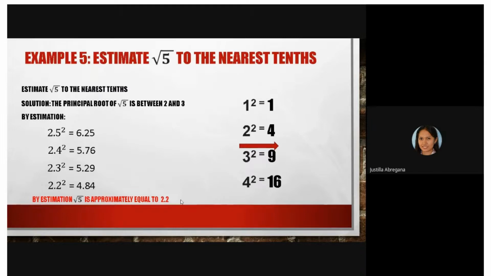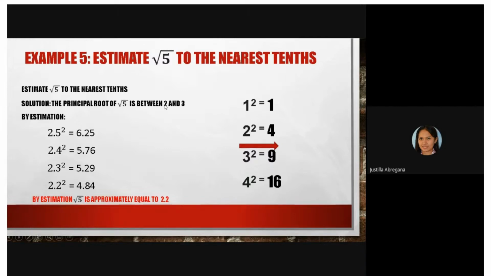For example 5. Estimate square root of 5 to the nearest tenths. So how? First, we need to determine the principal root of square root of 5. So square root of 5, it's in between 4 and 9, so it lies between 2 and 3. So meaning square root of 5 is in between 2 and 3.